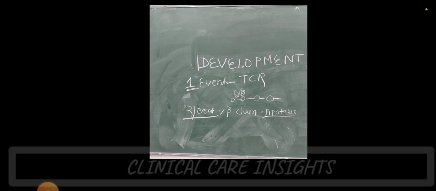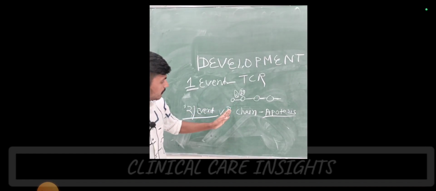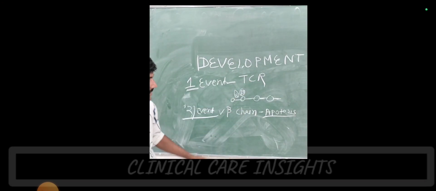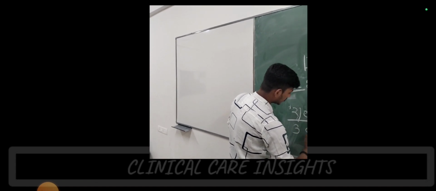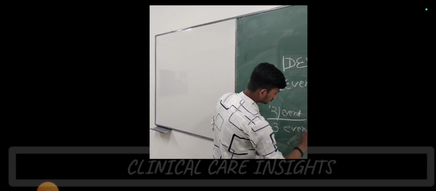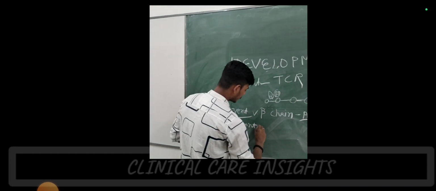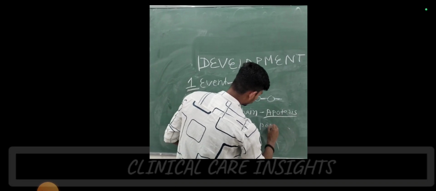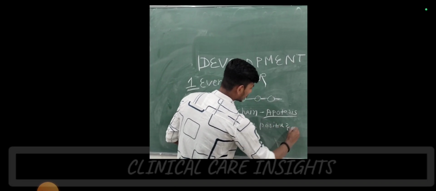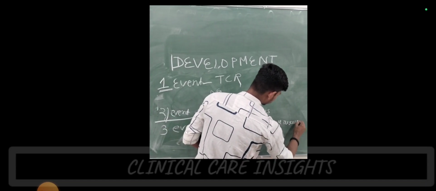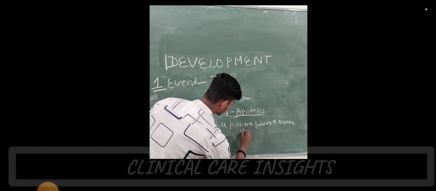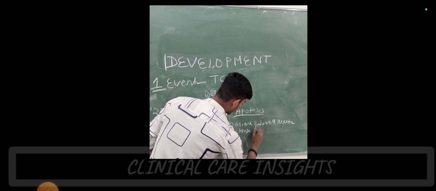In the third event, there is a development of double positive and double negative charge on the cell. Means these selected beta chains on their TCR surface are forming the charges. In the third event, what happened? There is a double positive and double negative charge development.